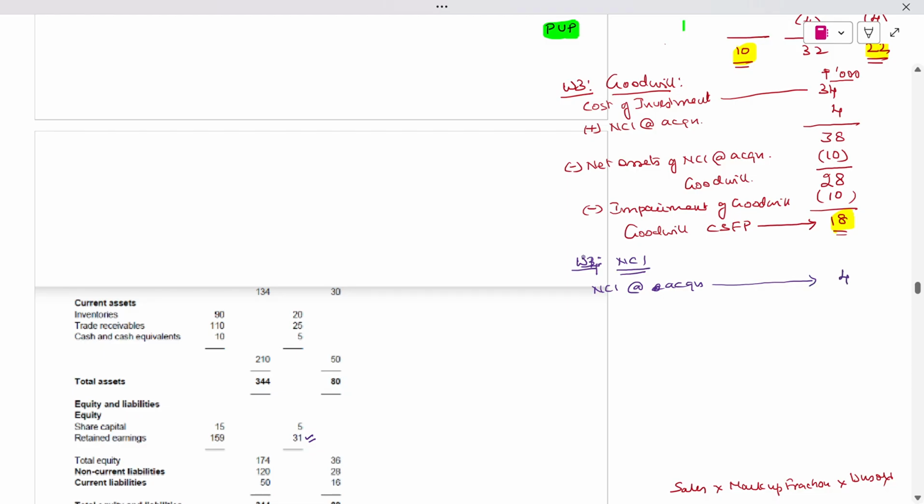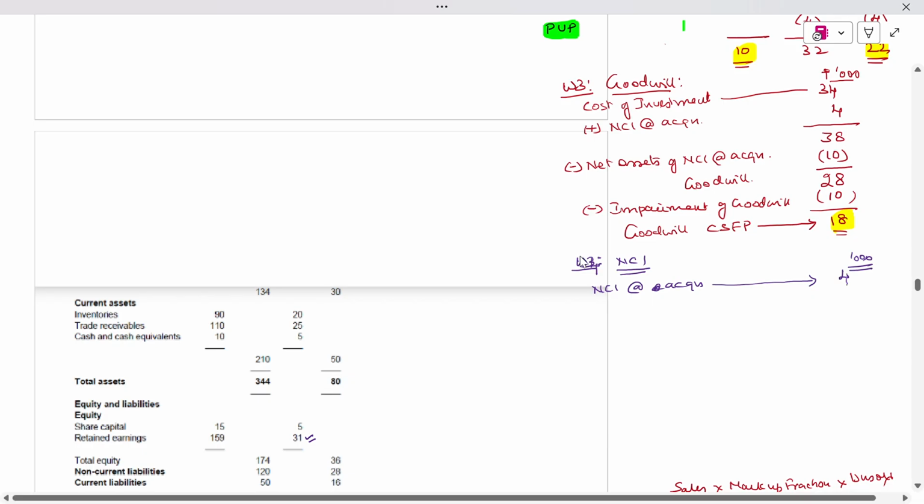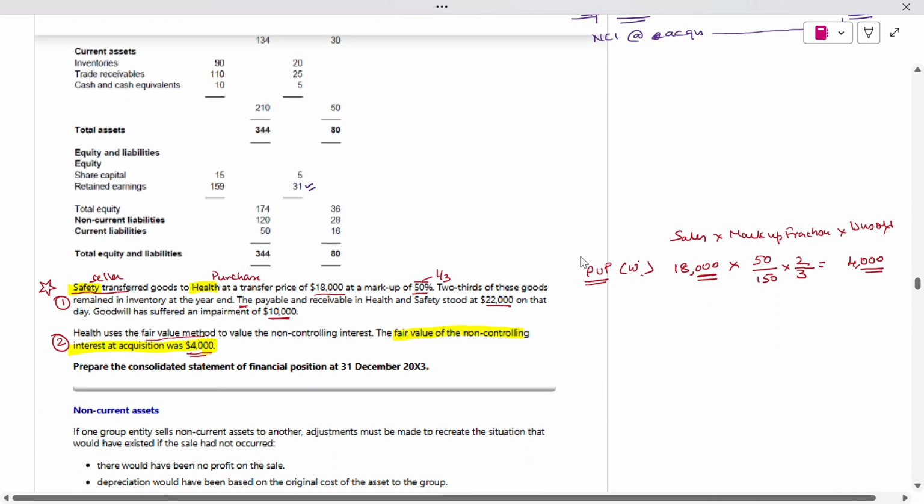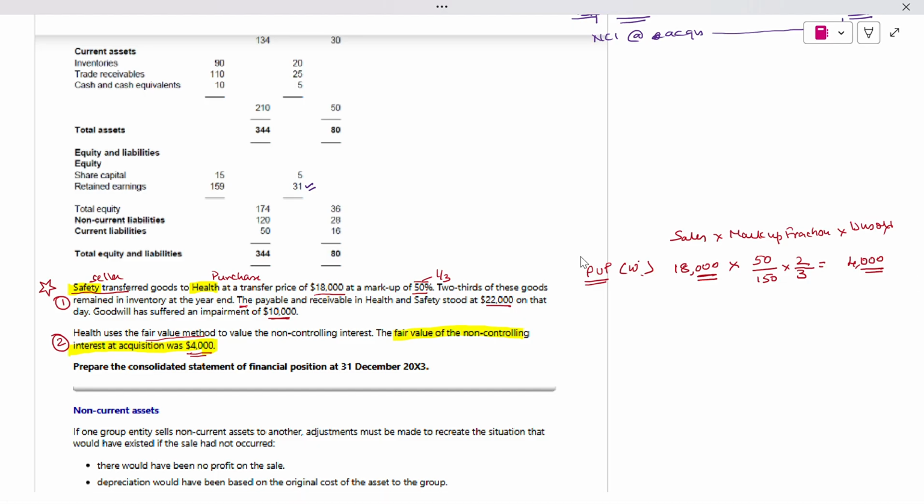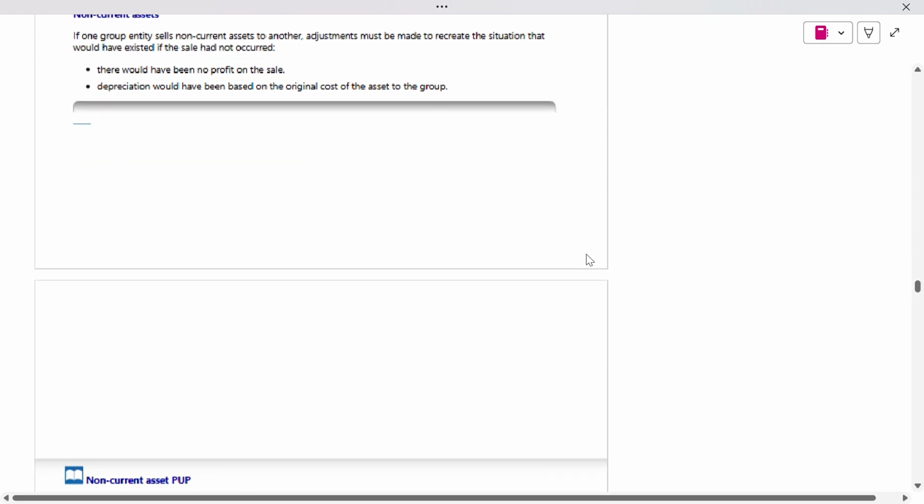We have calculated it, given now. Point number 2, fair value of NCI, last line: 4,000. Okay.